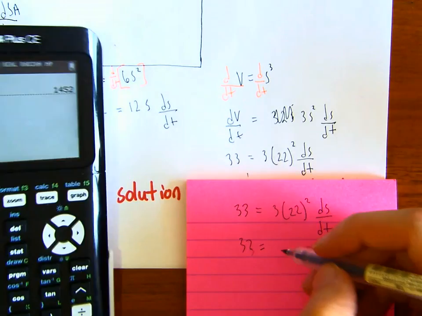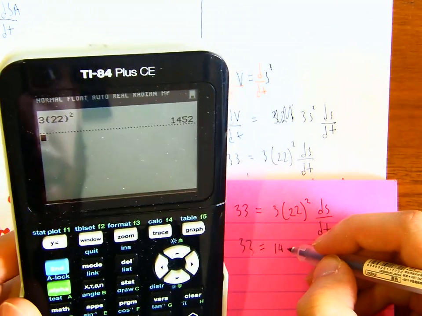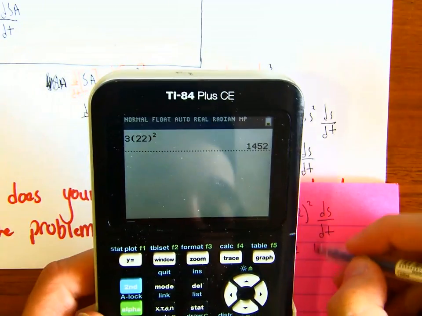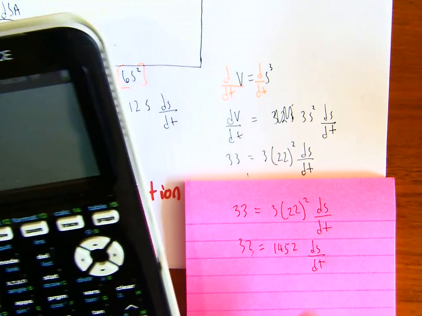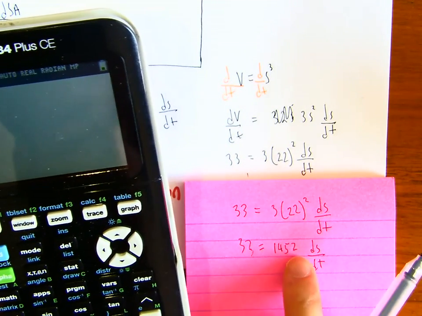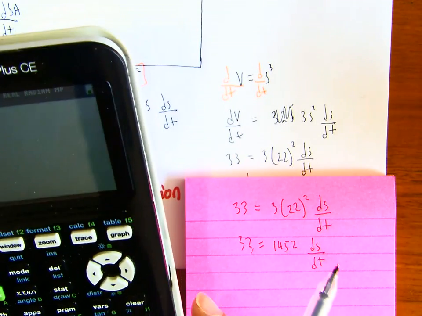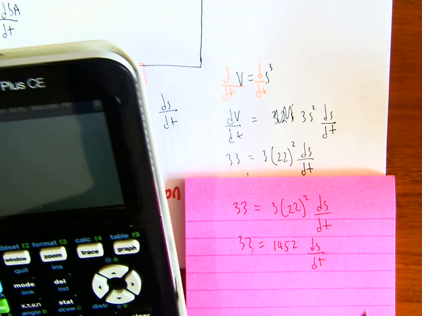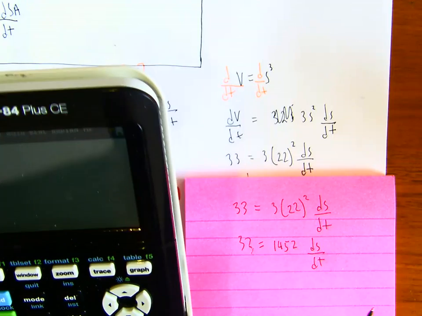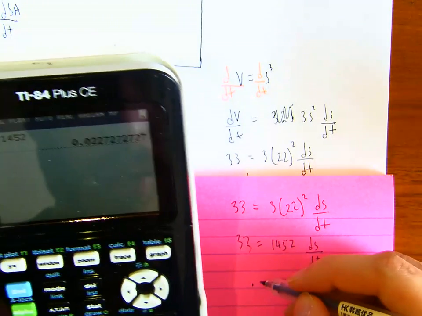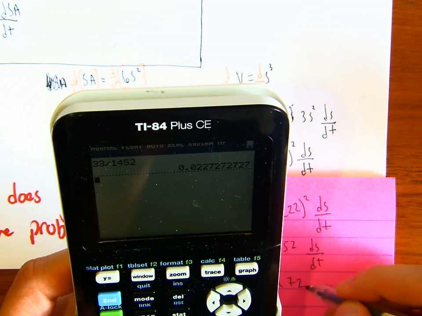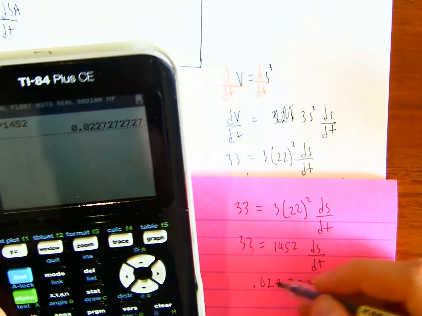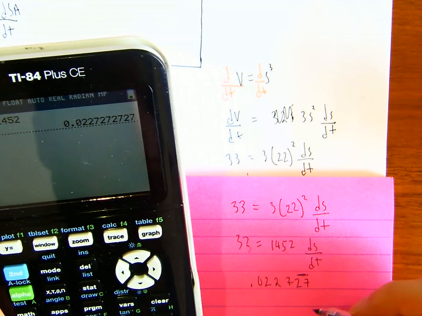This should be 1,452 ds/dt. Now we're going to divide. So how do you get ds/dt by itself? Divide the 1,452 on both sides. So 33 divided by 1,452 is equal to 0.022727, with a repeating bar over here.